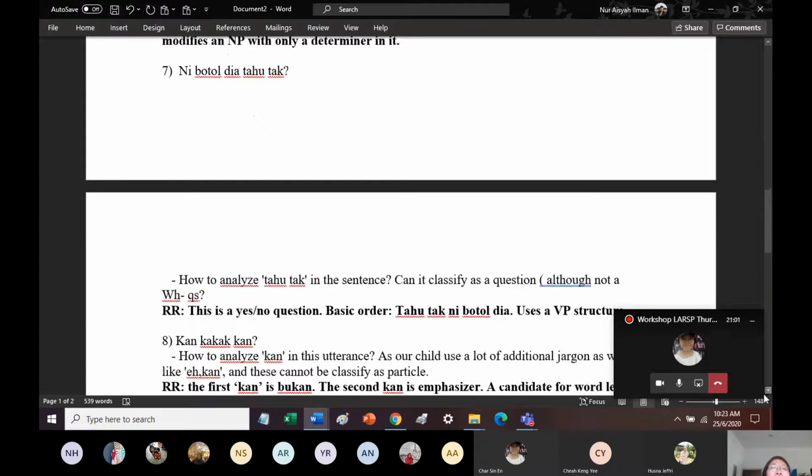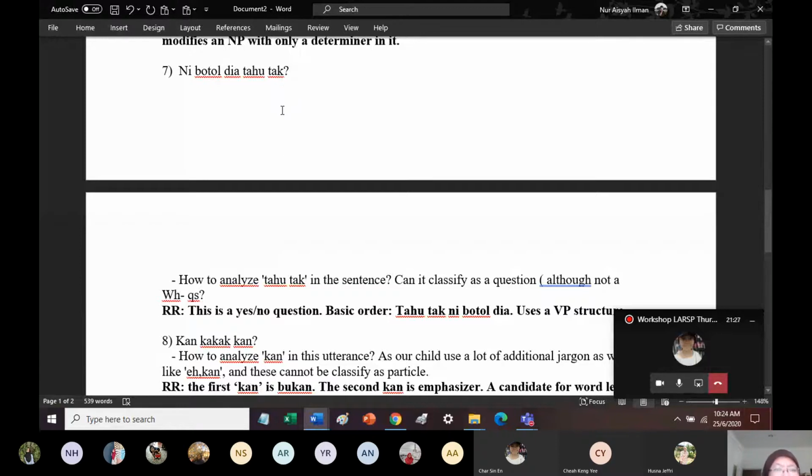Ni botol dia, tahu tak? How to analyze? Can we classify as a question, although not a WH? Yes, it's not a WH, but it is a yes/no. Ni botol dia, tahu tak?